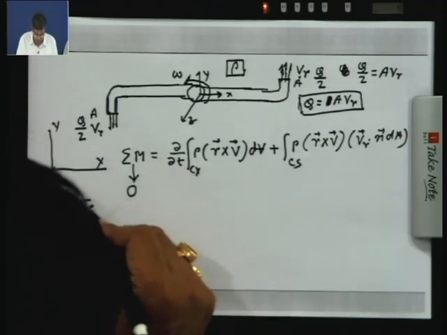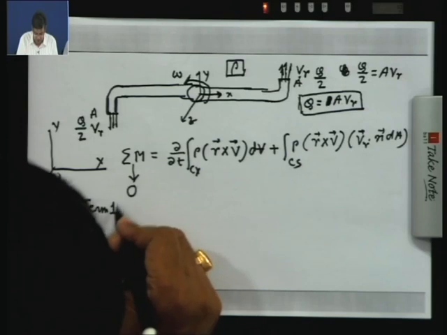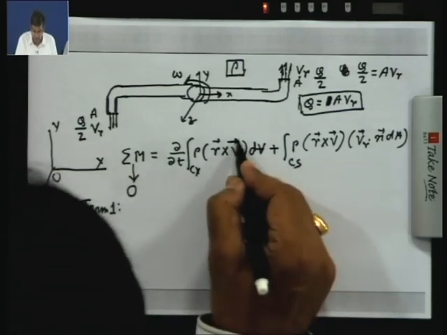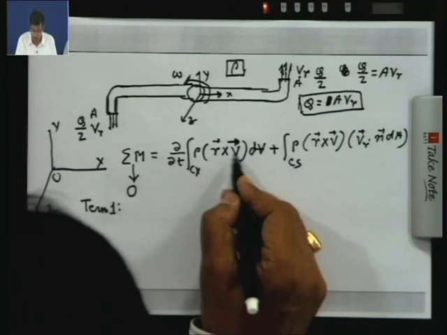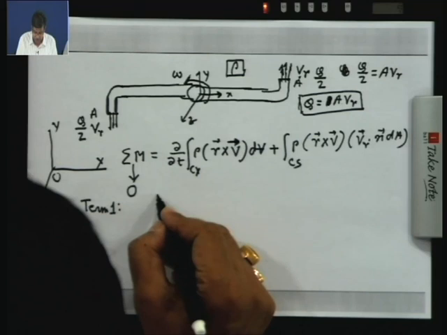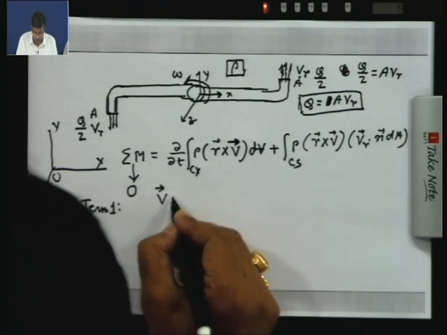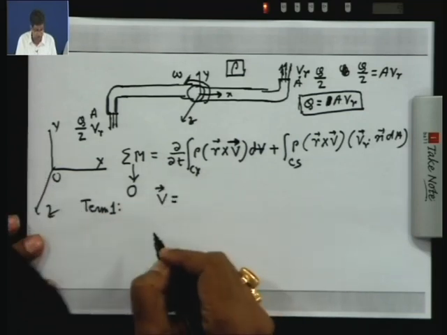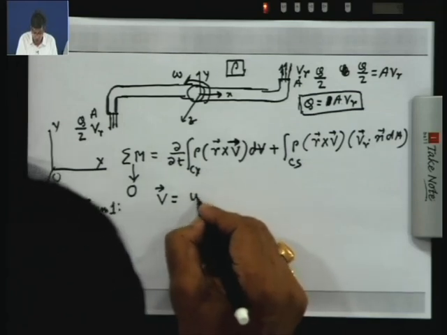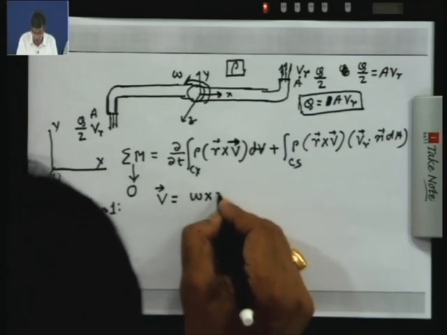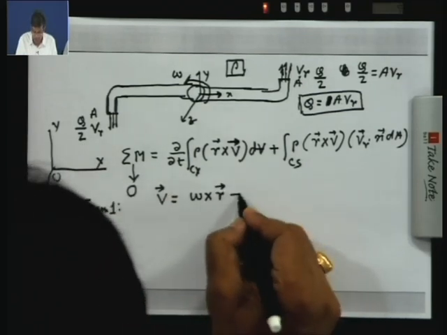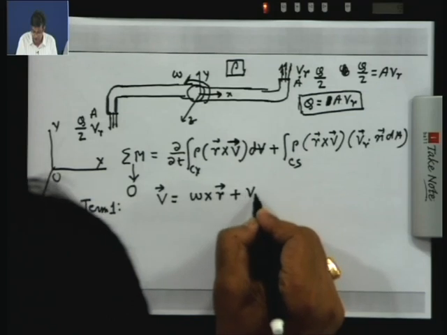Now, term 1. If I have to evaluate term 1, my first job is that this is a little complicated in mathematics. We have to find out the V which is referenced in the static frame of reference. So, this V can be written from the earlier expression as omega cross r. Now, there is no rectilinear velocity plus the Vr.